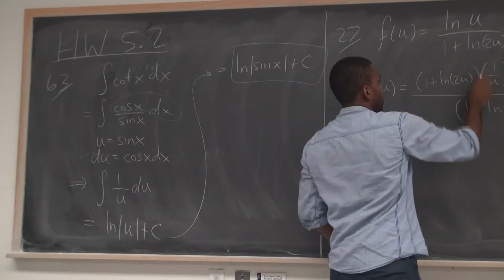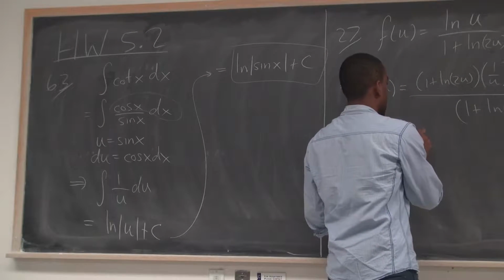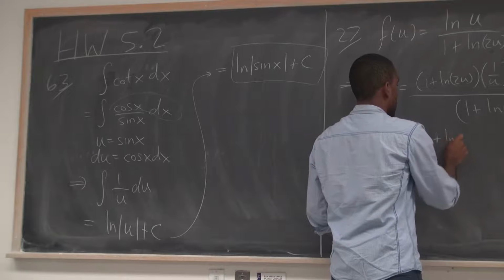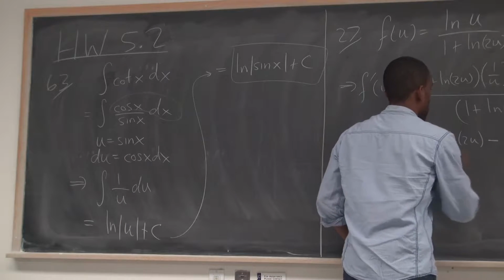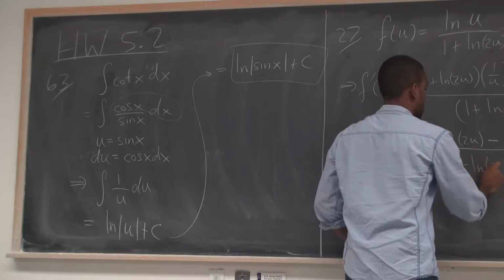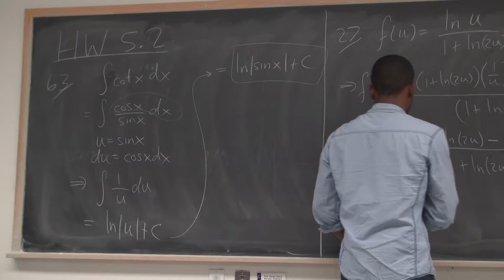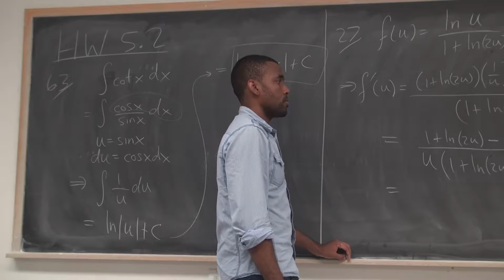Well, first, 1 over u is a common term. I can just factor that out. So I have 1 plus ln of 2u minus ln of u all over this, u can come to the bottom. Can you simplify the top? Yeah.